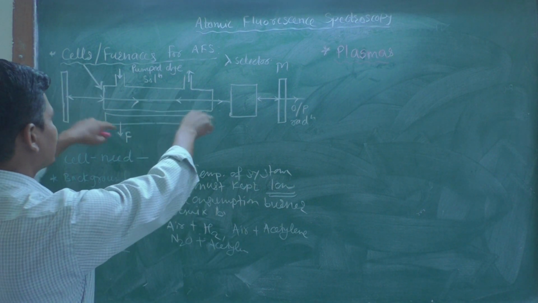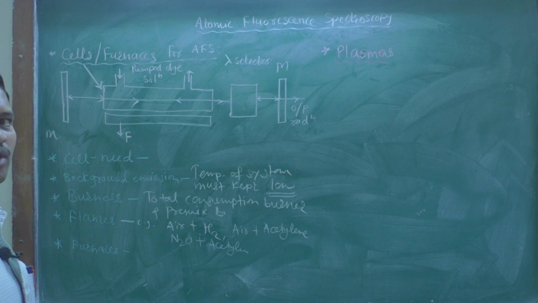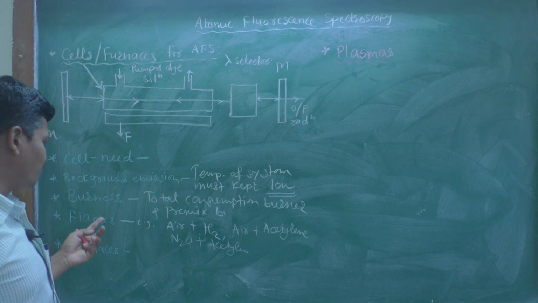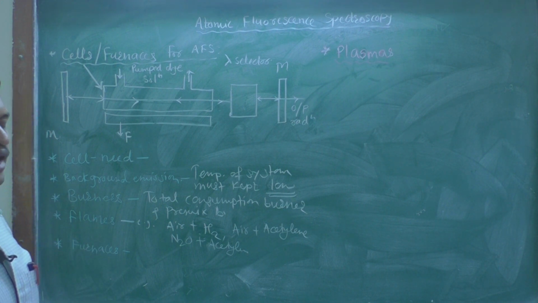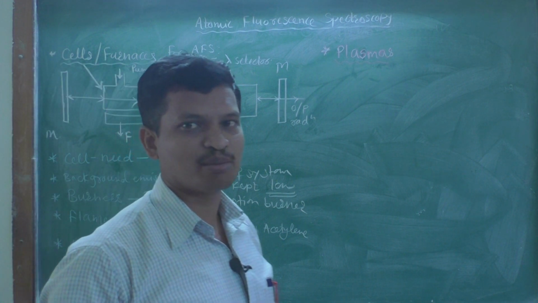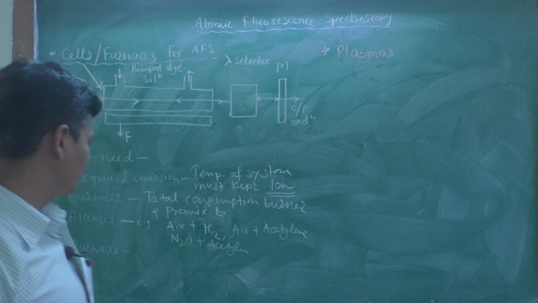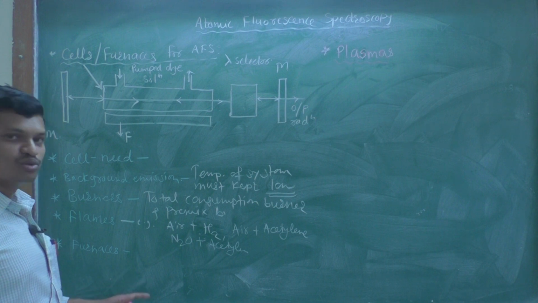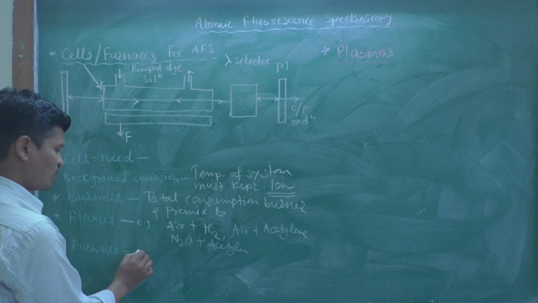Then furnaces. These cells are nothing but furnaces. Why are they called furnaces? Because we are using flames here, and the atomization or ionization of the sample takes place here, hence different furnaces can be used. Out of which two are more common.